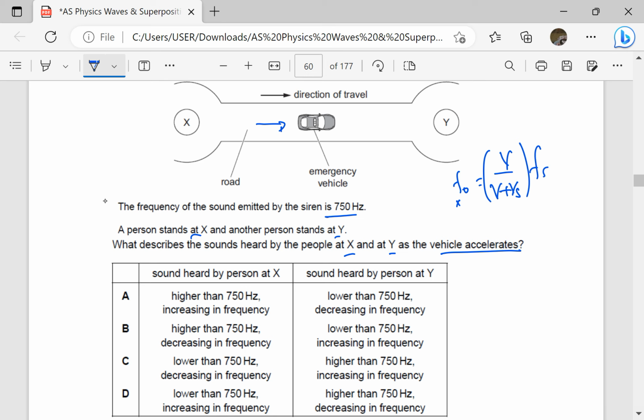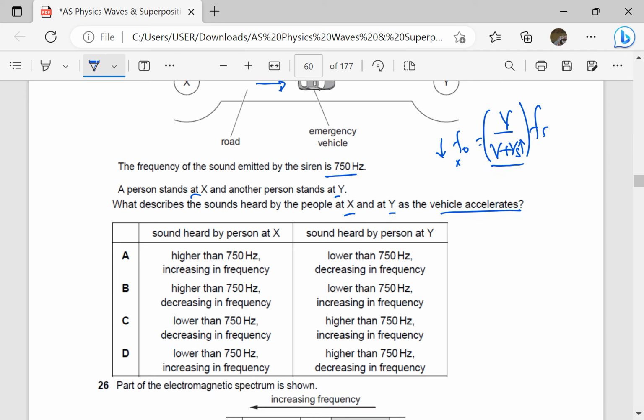But now the vehicle accelerates, meaning the speed increases. Vs increases. When Vs increases, the denominator becomes bigger, which means this is going to become smaller. So the frequency heard by X decreases.